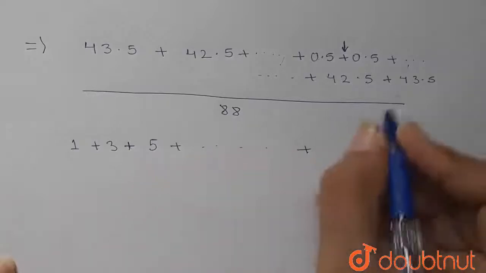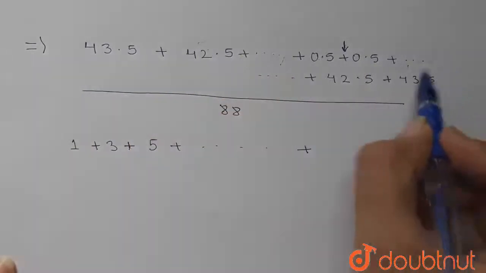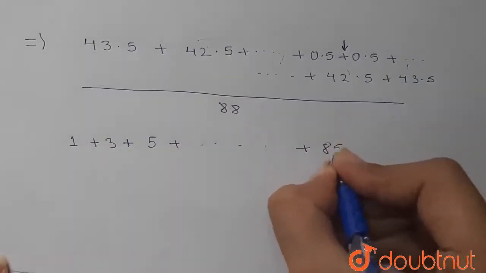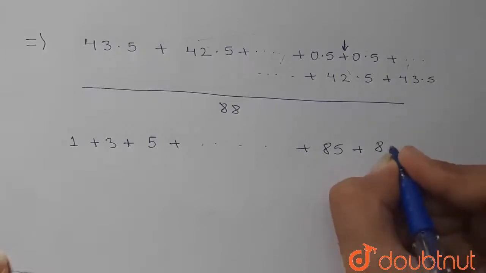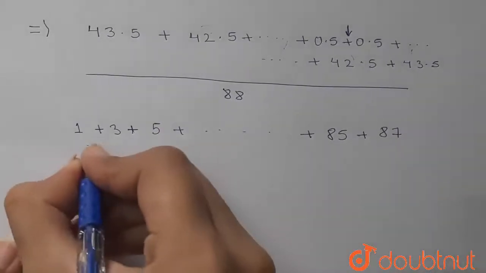Plus if I add these two, 42.5 and 42.5, we get 85. Similarly, the sum of these two will give us 86 plus 1, that is 87, and this is divided by 88.